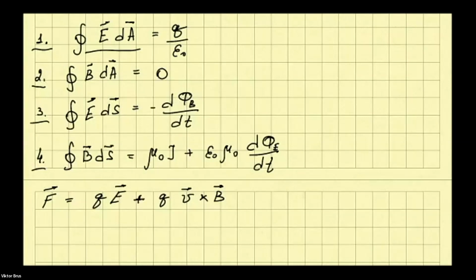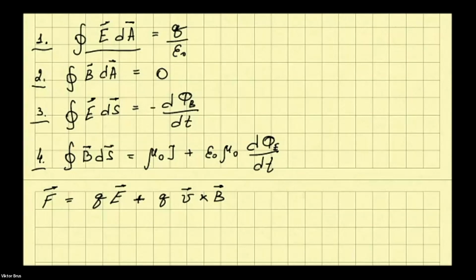In order to describe not only the electromagnetic field itself, but also its possible interactions with electric charges placed in the space where the electromagnetic field exists, we add one more equation, which is considered the Lorentz law.